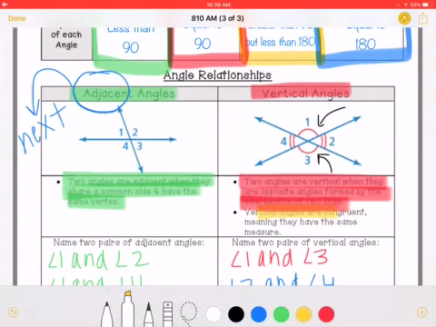So vertical angles are congruent, meaning they have the same measure. So angle 1 is congruent to angle 3. So whatever the measure of angle 1 is, it's also the measure of angle 3. Same goes for angles 2 and 4. They are congruent or equal. So when we see that word congruent, we want to think equal.